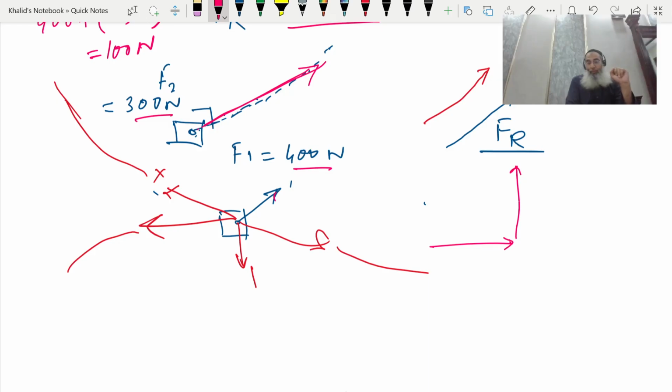If I connect them such that the tail of the second vector, of the second force, lies exactly on the head of the first vector force, then the resultant will go from the tail of the first vector to the head of the second vector. So we call this method the head to tail rule. Head to tail rule of vector addition.